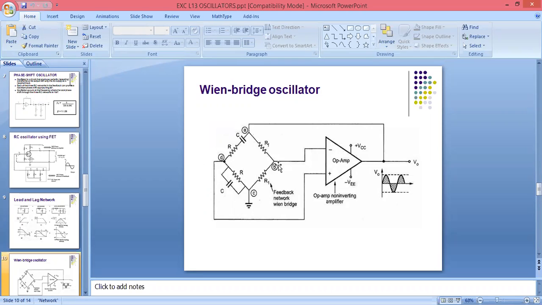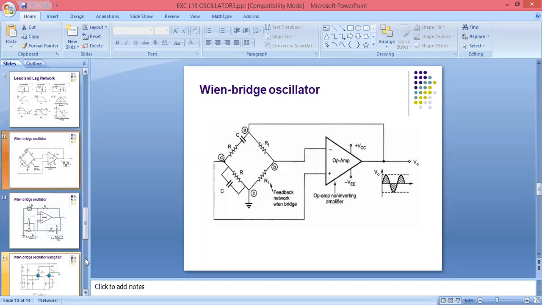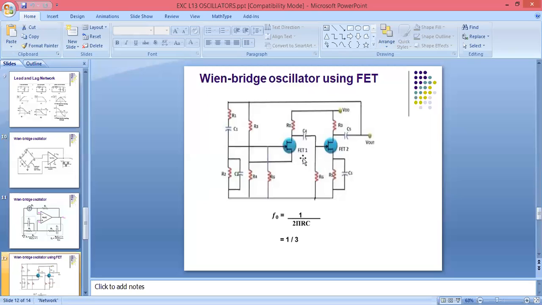And here we are using Wien bridge as a feedback network, because we are using here variable capacitor, so we can adjust the value of capacitor. So here we can see the Wien bridge oscillator using FET. Here we are using two-stage RC coupled amplifier. You will get output frequency as 1 upon 2 pi RC and beta equal to 1 by 3. A equal to 3. So A into beta will be 1.